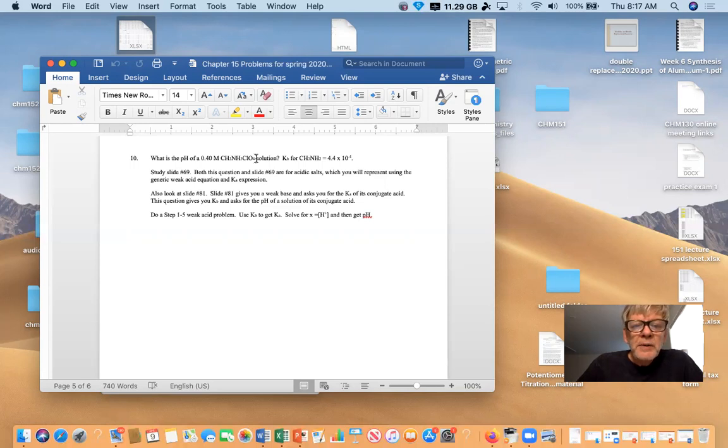That's what you're going to need to do in the buffer lab. But this one here doesn't ask you for any information about grams. So just use the generic formula. We've got 5 protons, 6 protons, conjugate base, conjugate acid, weak base, weak acid. So a generic, general weak acid equilibrium problem.